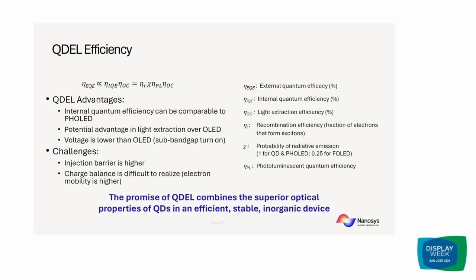Internal quantum efficiency for quantum dot LEDs can be considered comparable to PHOLED, or phosphorescent OLEDs, which are the highest class of organic LEDs that are possible. And again, the nature of quantum dot emission, that polarizability, can be harnessed in quantum dot LEDs to increase the efficiency of light extraction.